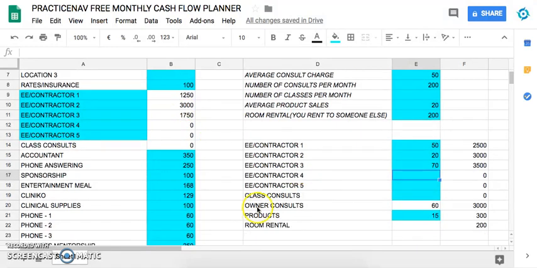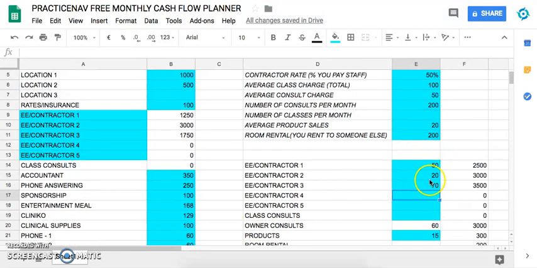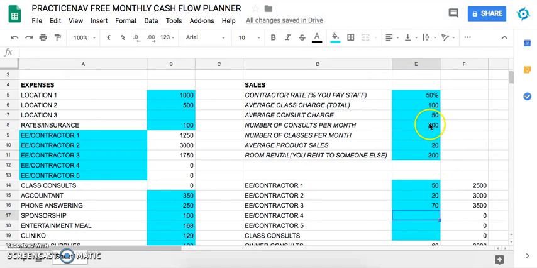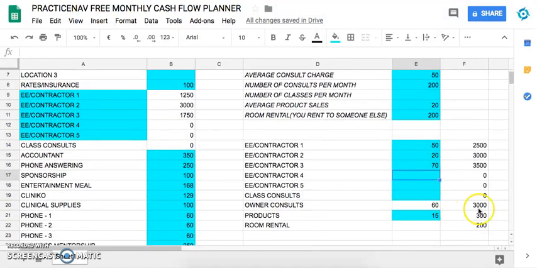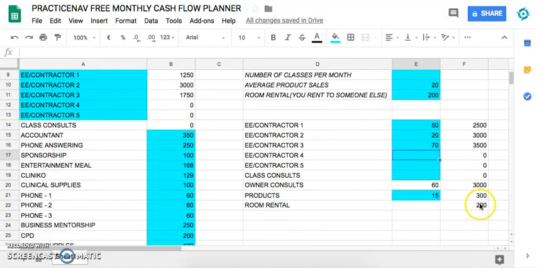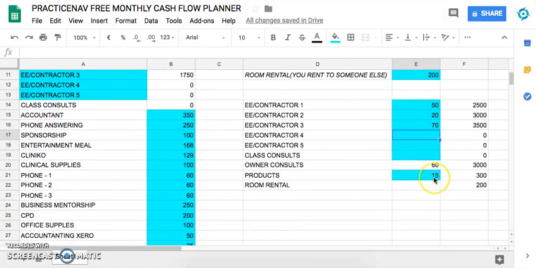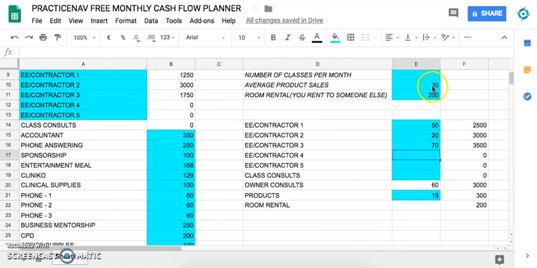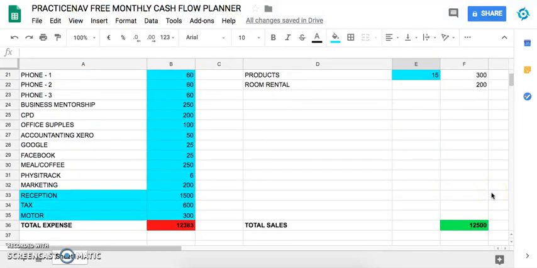Then that leaves you with the owner consults, which is 60, which is all these ones added up by your employees or your contractors minus the total number of consults for that month, and that's 3,000. Then we've sold 15 products and they're making 20 euros after expenses on each one, and that's 300 euros or dollars, and the room rental is 200, and that gives you a total expense of 12,500.